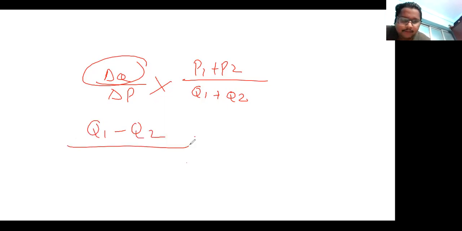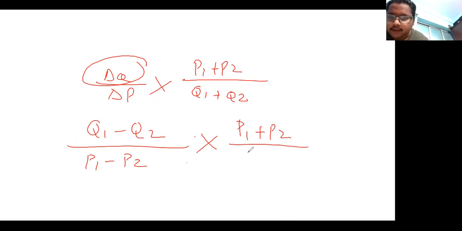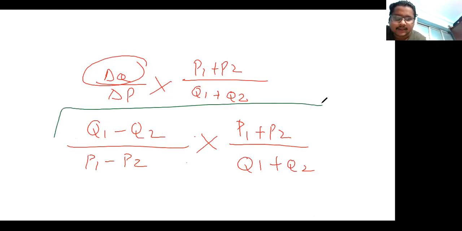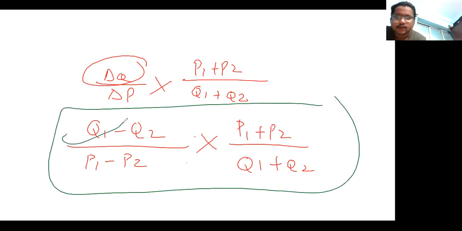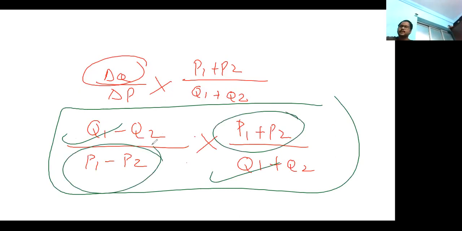Similarly for delta P, we can write P1 minus P2, into this part which remains the same, P1 plus P2 divided by Q1 plus Q2. So now our formula for arc elasticity becomes Q1 minus Q2 divided by Q1 plus Q2, into P1 plus P2 divided by P1 minus P2.